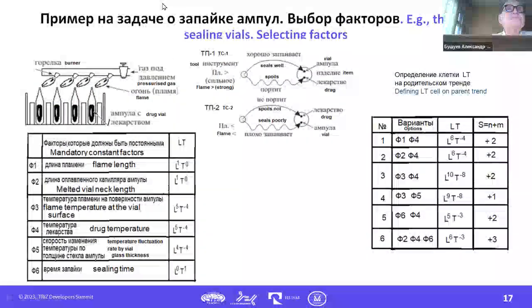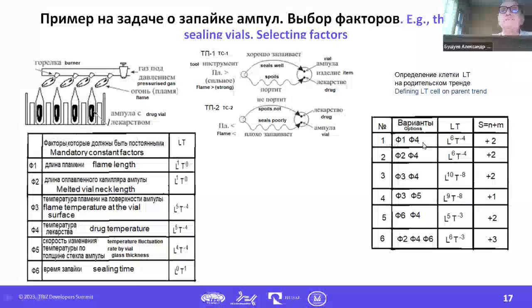Here is the task of sealing vials, a pretty well-known task. It should be well sealed, and also the medicine inside should stay good. Here the flame length should be constant, the melted vial neck length should be stable, along with flame temperature at the vial surface and drug temperature. So we tried 6 factors.